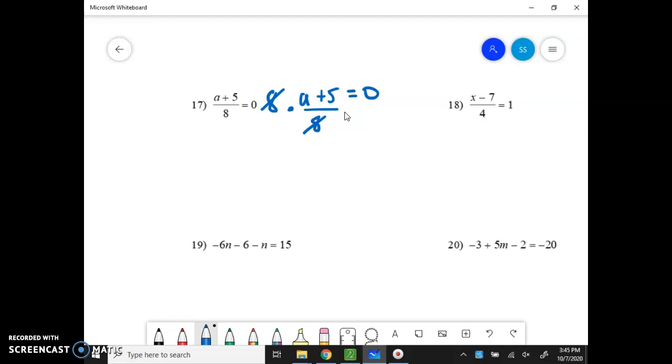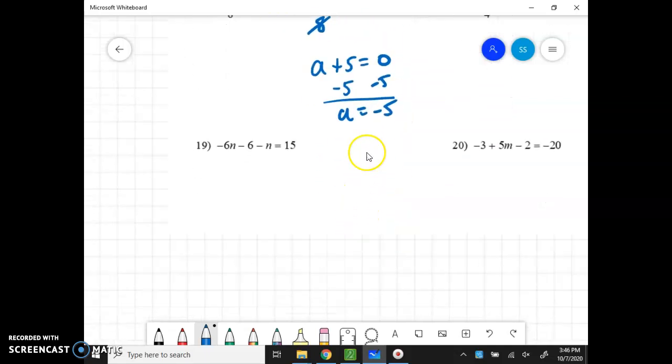Okay, and if I multiply by 8 on one side, I have to do it to the other side. So I have a plus 5 is equal to 0 times 8. 0 times 8 is 0. So I have a plus 5 is equal to 0. Subtract 5 on both sides. And I'm left with a is equal to negative 5.